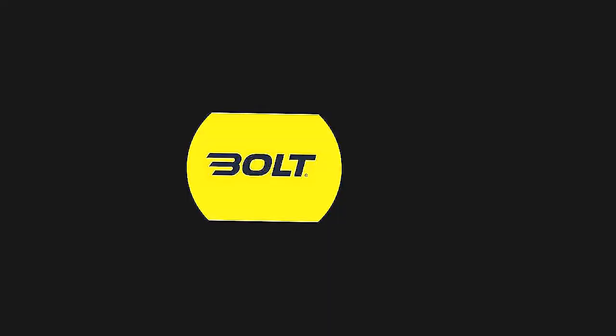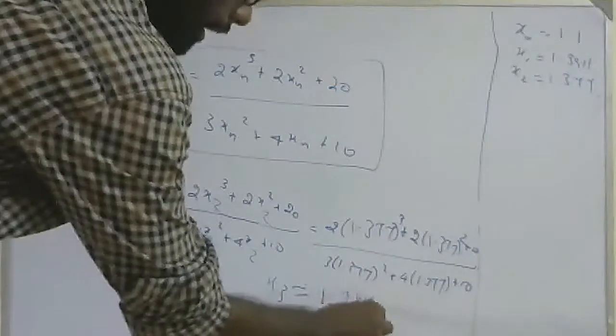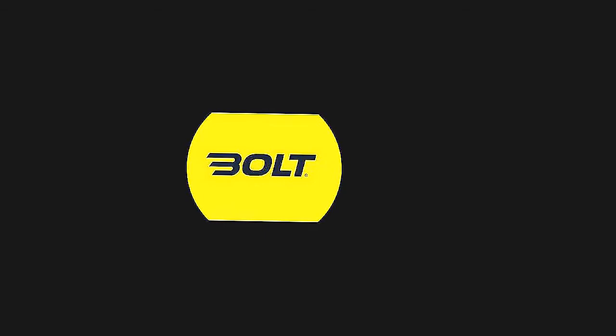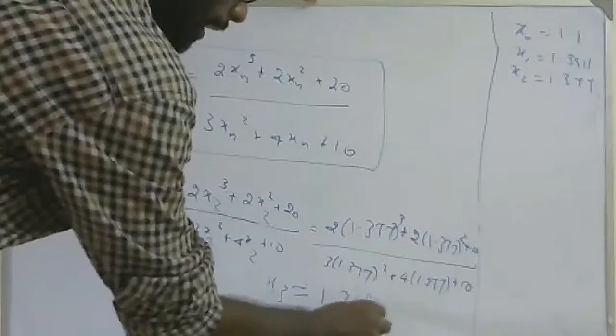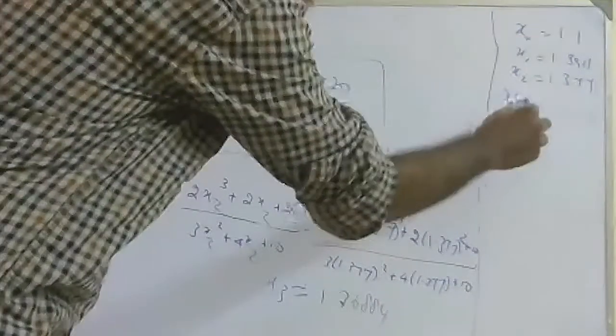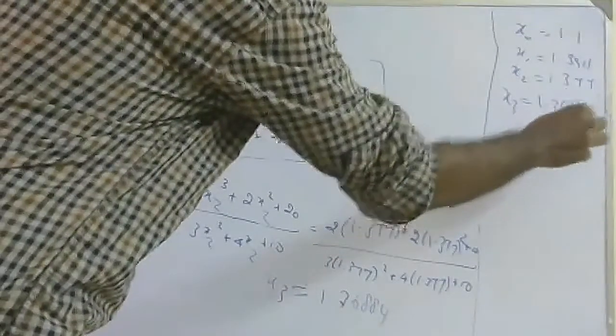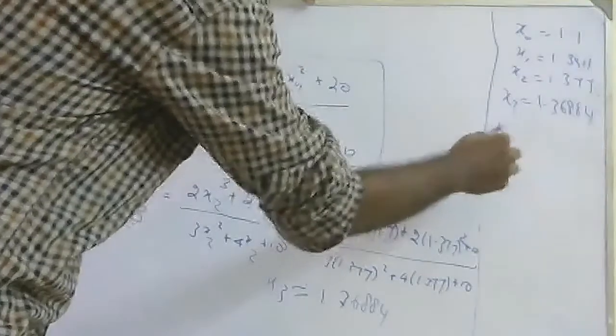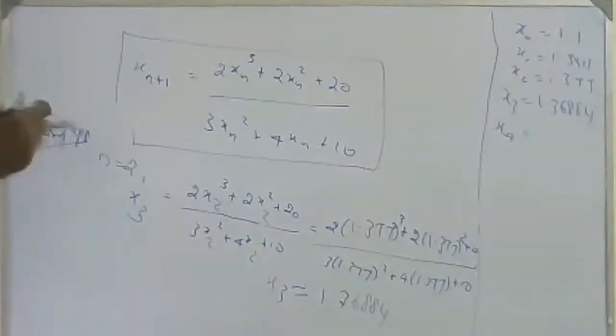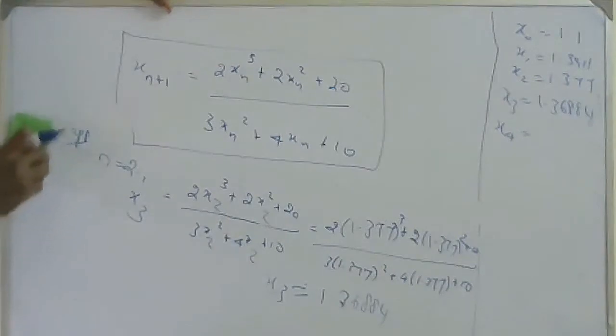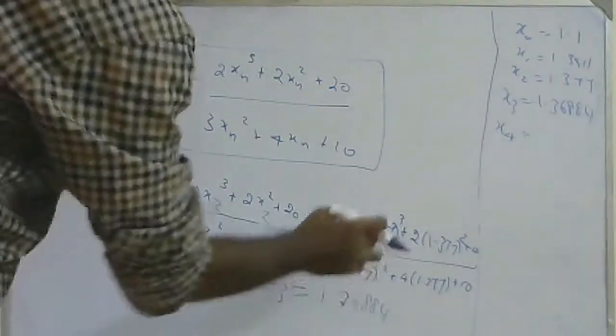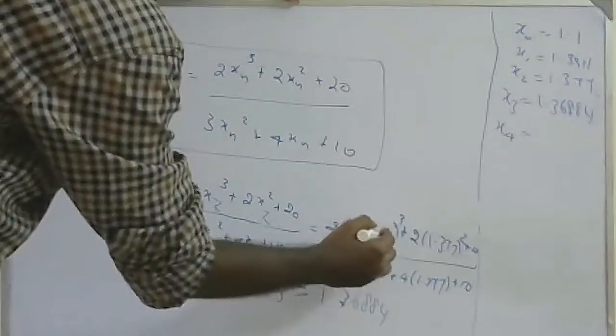X3 is 1.36884. Good. X3 equal to 1.36884. So X4 equal to, similarly, fourth approximation.